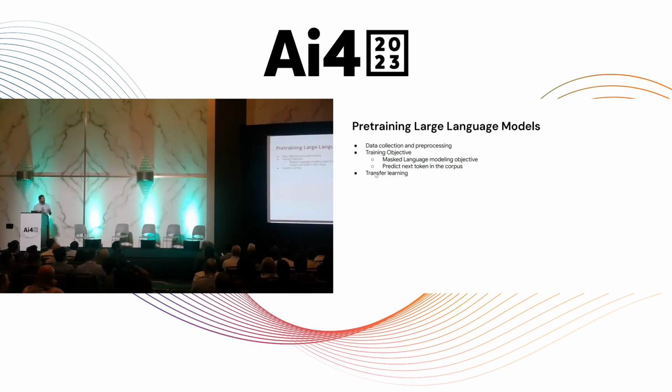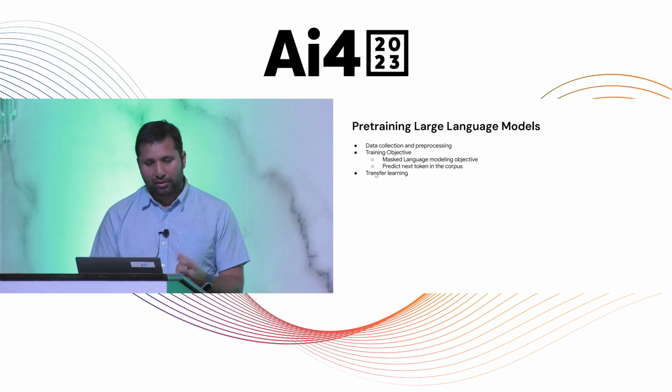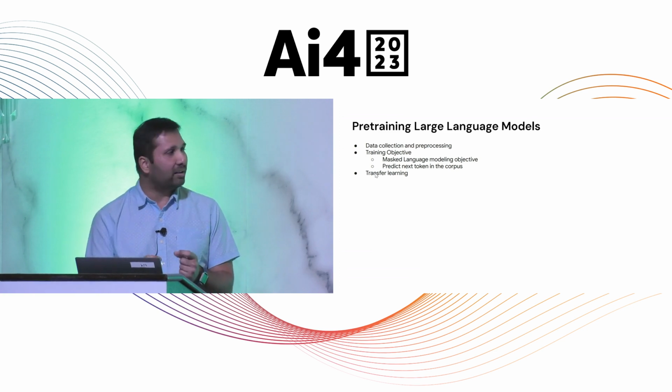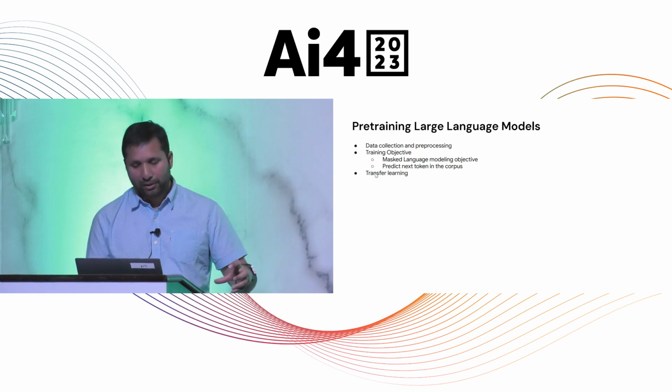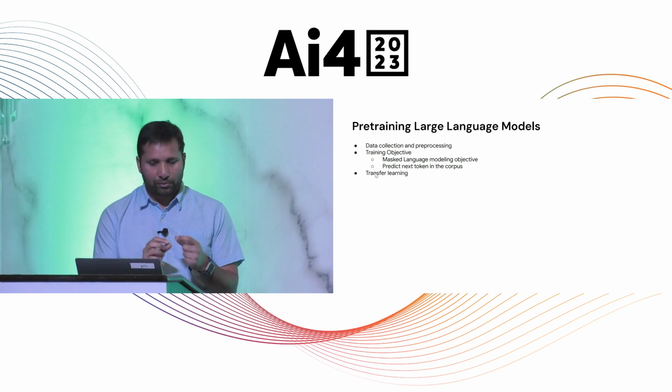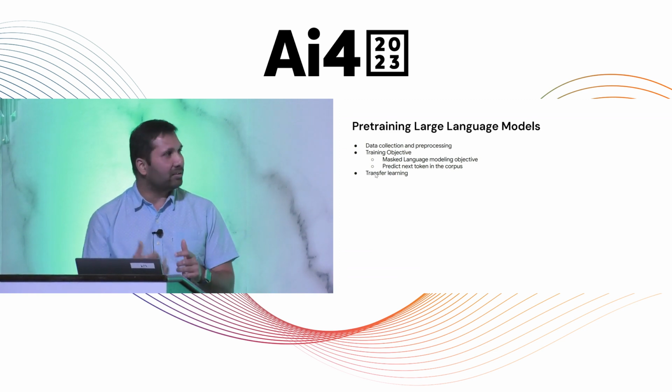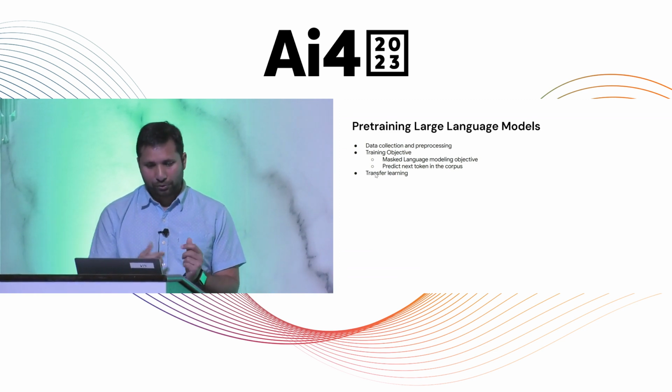In pre-processing, you tokenize the inputs to the model into smaller chunks, and the training objective could be either predicting the next word given a set of words, or you can hide some of the words and ask the model to come up with those words.